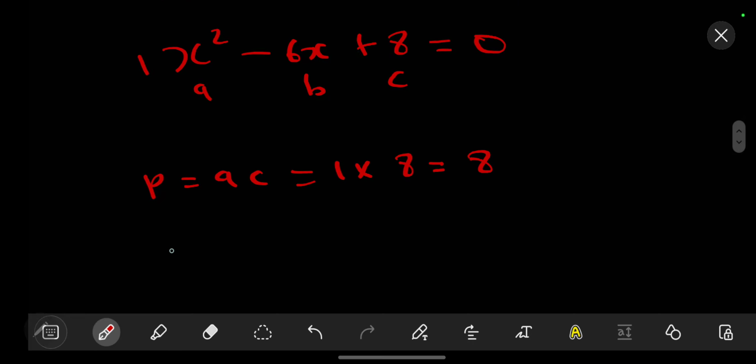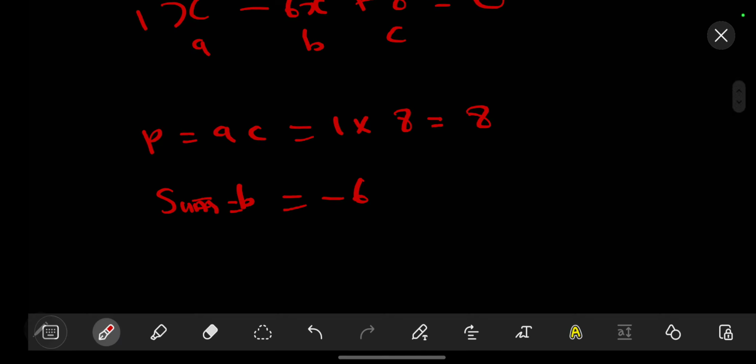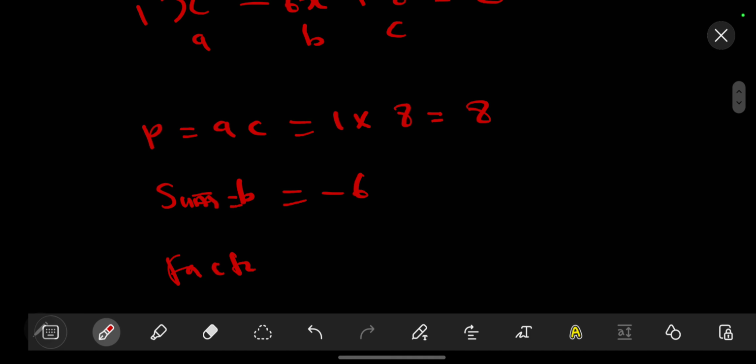Now our sum should be equal to B, which in this case is negative 6. Then our factors are values that, when we add them, give us negative 6, and when we multiply them, give us positive 8. If you multiply negative 2 times negative 4, you get positive 8, and if you add them, you get negative 6.